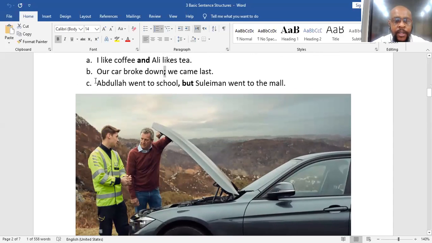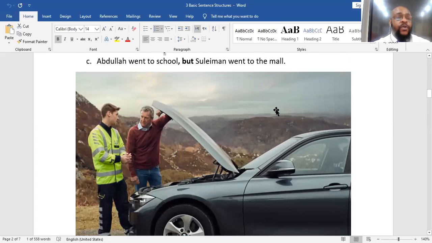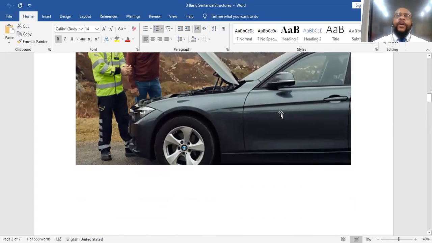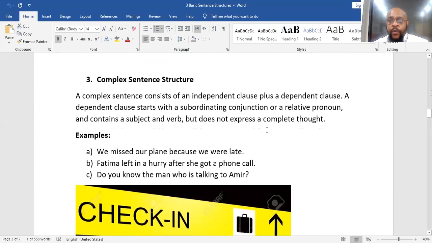And the last sentence: Abdullah went to school, but Suleiman went to the mall. So again, if you find the definition too complicated, then learn how to use it in a sentence, and that way you'll always be right if you understand how it works in a sentence.